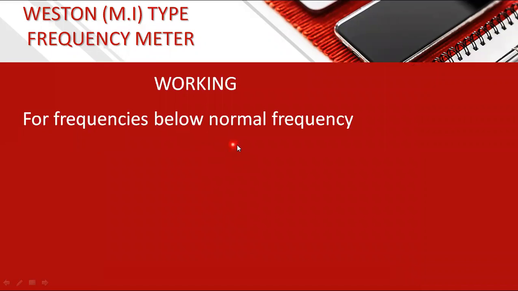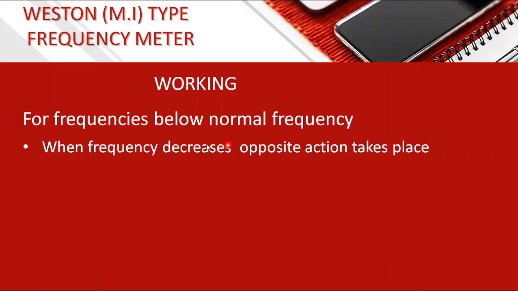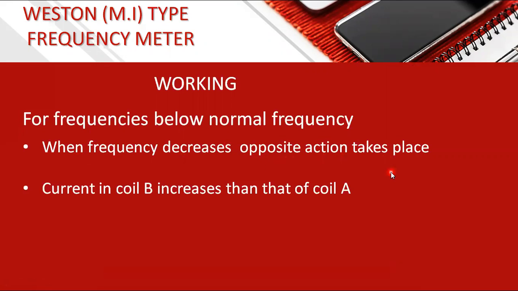So for frequencies below the normal frequency, when the frequency decreases, the opposite action takes place. The current in coil B increases relative to that of coil A, and hence we see the pointer deflects towards the right, and to the right side we have low frequencies.